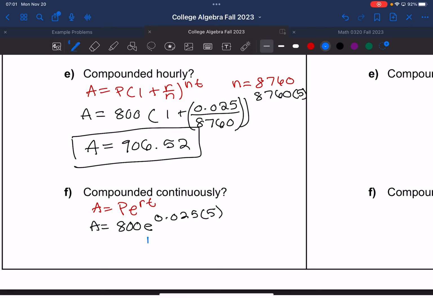So again, this E value is a number on your calculator. And when you plug that in, you should get the same answer as above, 906.52.